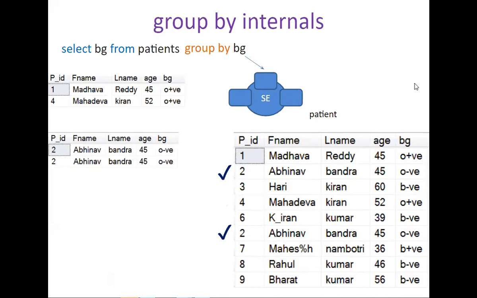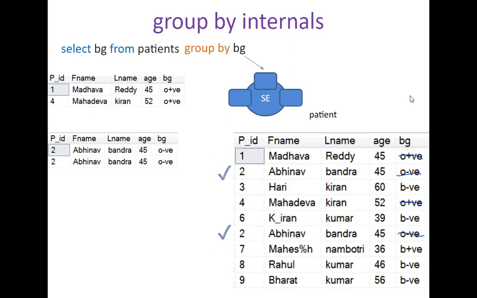So how many intermediate result sets will be created? How many blood groups are there? That many intermediate result sets will be created. So O positive is done. O negative is also over. Next, B negative, right? So how many records are there? B negative, 4 records are there.